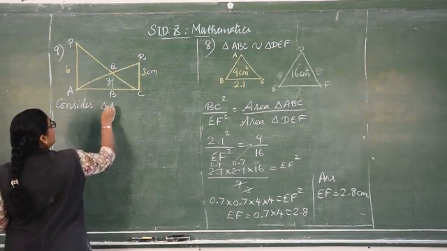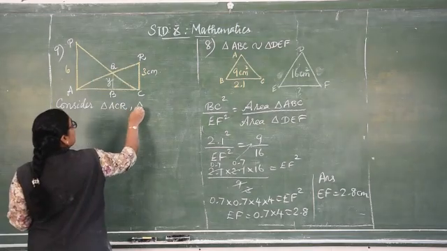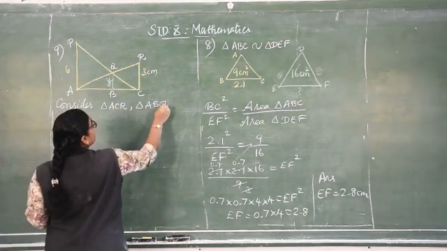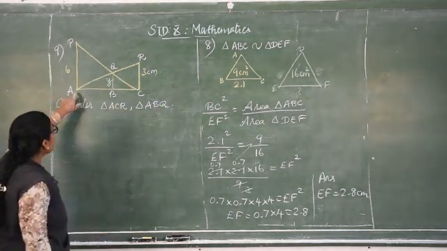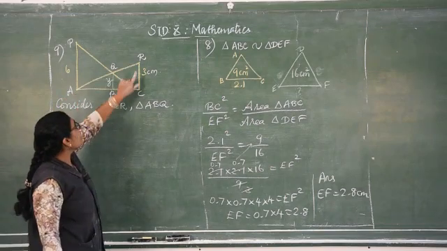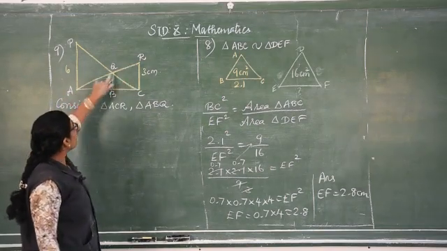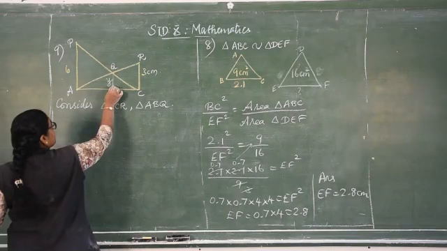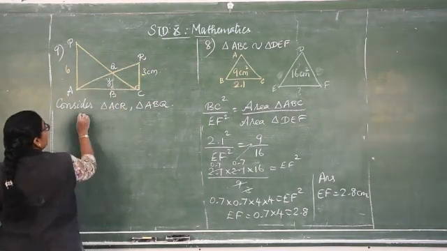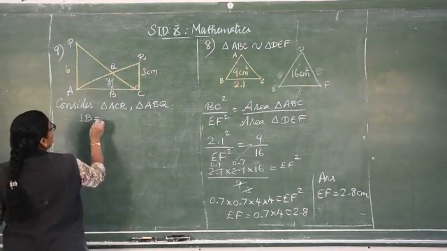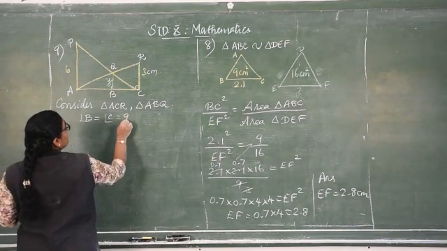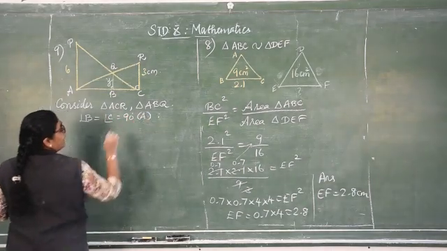Consider triangle ACR and triangle ABQ. Already we know that, in ACR and ABQ, this one is 90 degree, this one is 90 degree. So measure of angle B is equal to measure of angle C is equal to 90 degree.